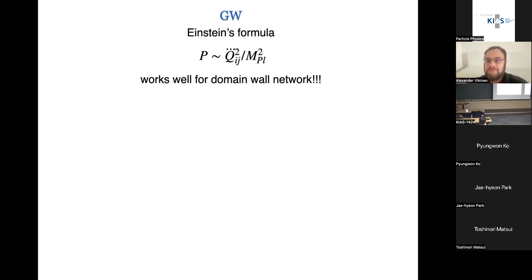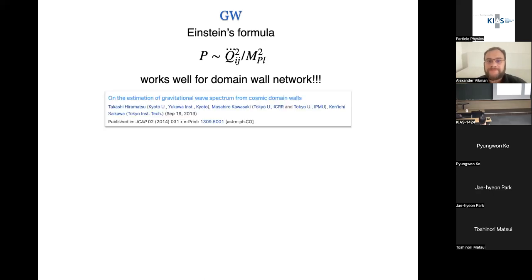Now it still works even for those distributed sources. And why do we say that it works? Because it was calculated in this paper for normal domain walls with constant tension, and people studied how these domain walls would emit gravitational waves.